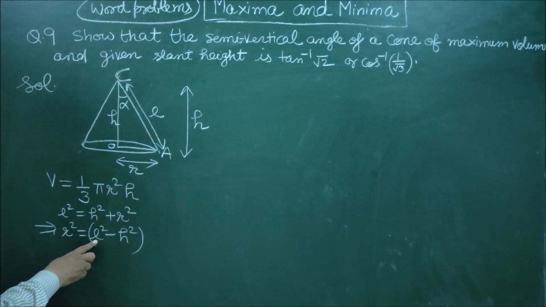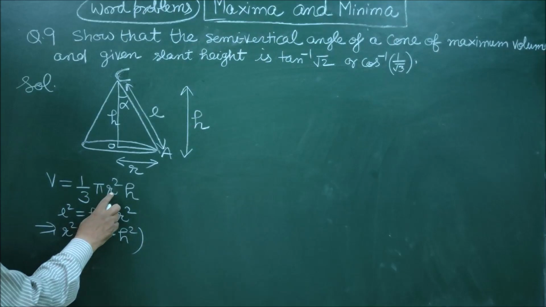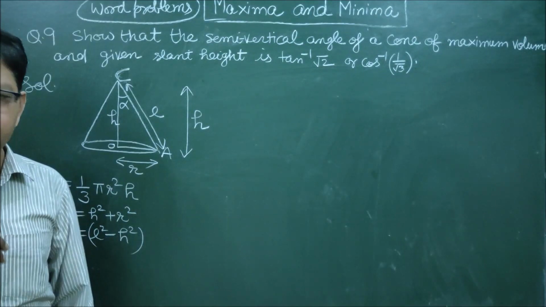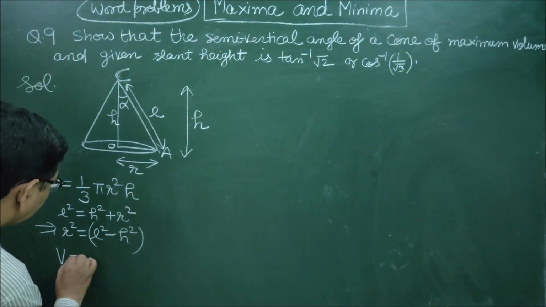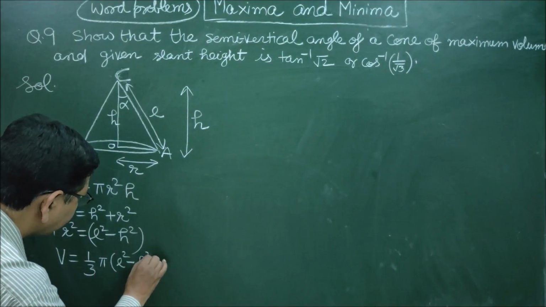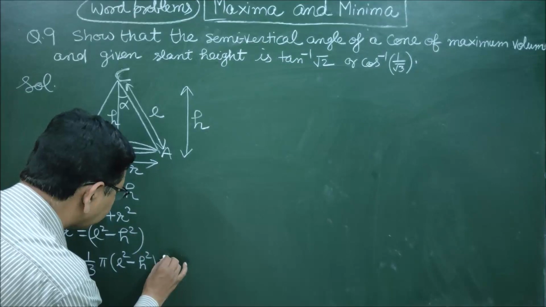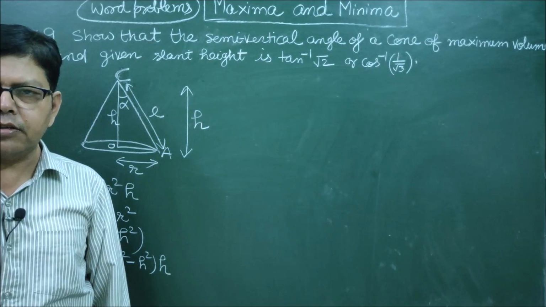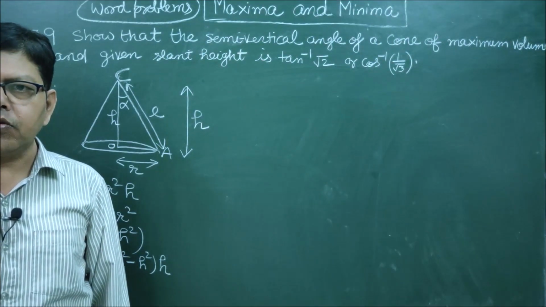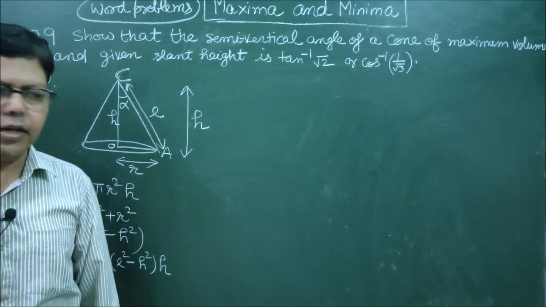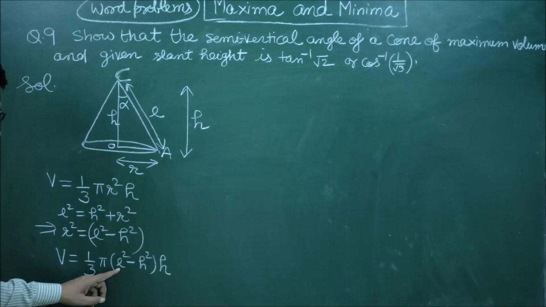This will be treated as a constant, and now on putting the value of R square, the volume is a function of height only. So V is equal to 1 upon 3 pi into L square minus H square into H. In these questions, with the help of given conditions, we convert the quantity which is to be maximum or minimum into one variable only, and here the variable is H, because L, the slant height, will be treated as a constant.